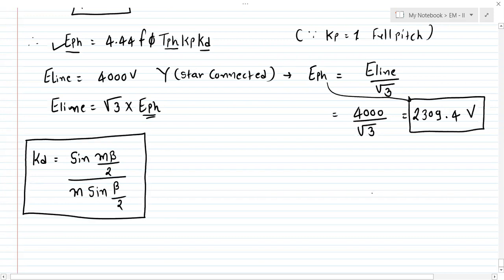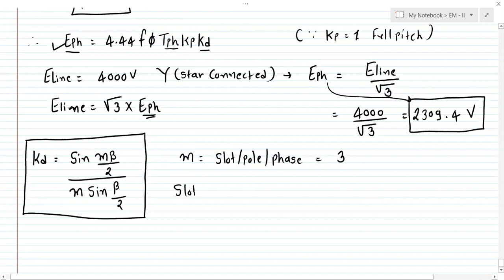Here we do not have to find the pitch factor because my coil is full pitch. Now m is given in the data: it is the slots per pole per phase, and it is 3. The value of m is known, but beta we have to find.